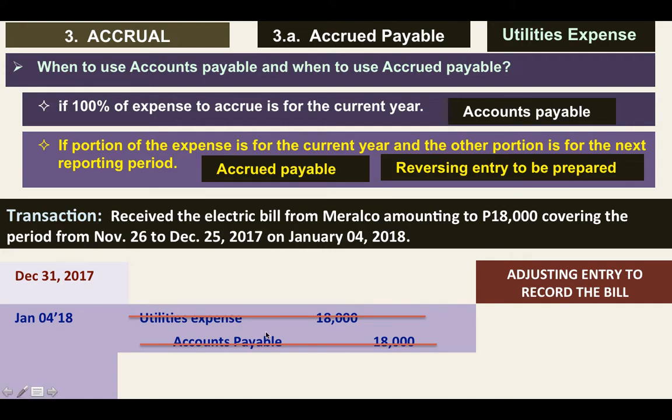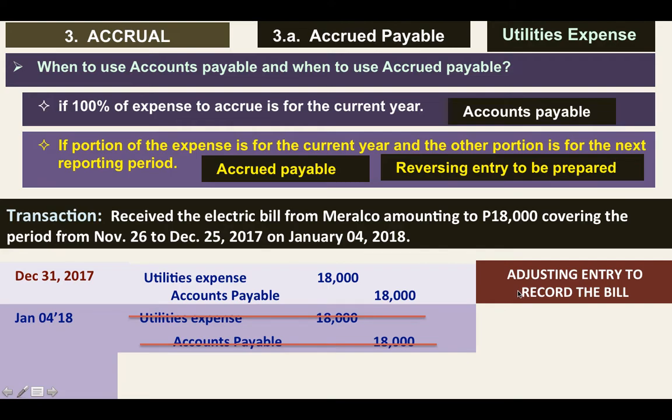So, dapat papasok siya sa 2017: debit utilities expense and credit accounts payable at 18,000. So, wala tayong dapat entry na ganito ng January 4. Na-receive natin siya ng January 4, pero i-date natin yung recording na ito as December 31st, 2017 as our adjusting entry.